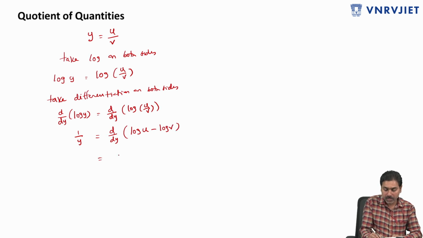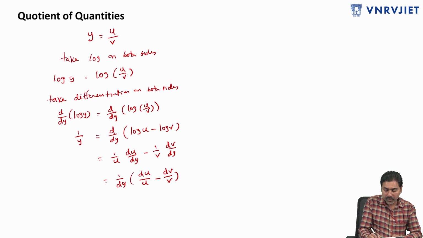Now the differentiation gives 1 by u du by dy minus 1 by v dv by dy. Now take the common 1 by dy here. The remaining is du by u minus dv by v.